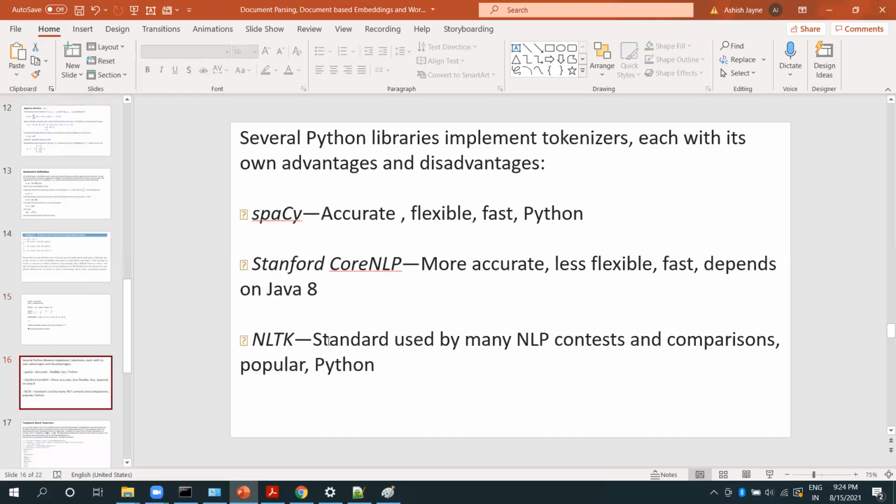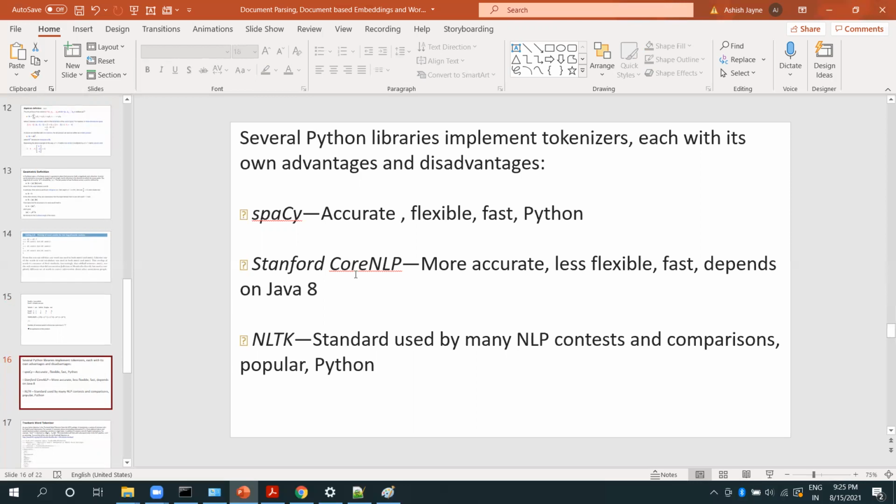Now, if we go to the next slide, several Python packages, we are coming to the application point of view. We have several Python packages that implement tokenizers, each with its own advantages. You must have heard of spaCy, NLTK, and Stanford CoreNLP. spaCy is the industry standard for basic tasks such as tokenization, but NLTK is also a very good package.